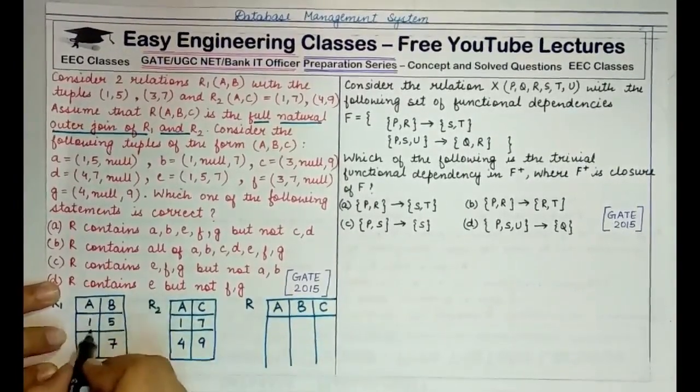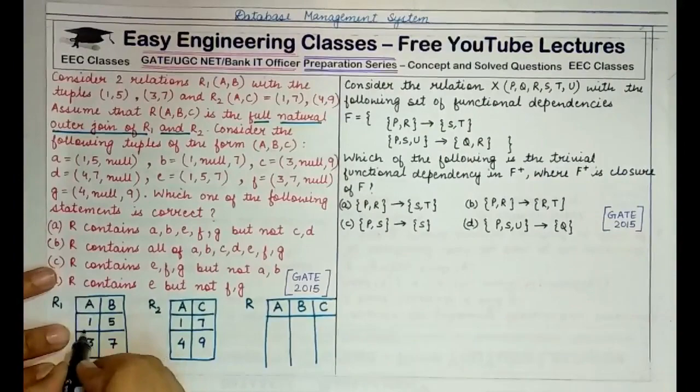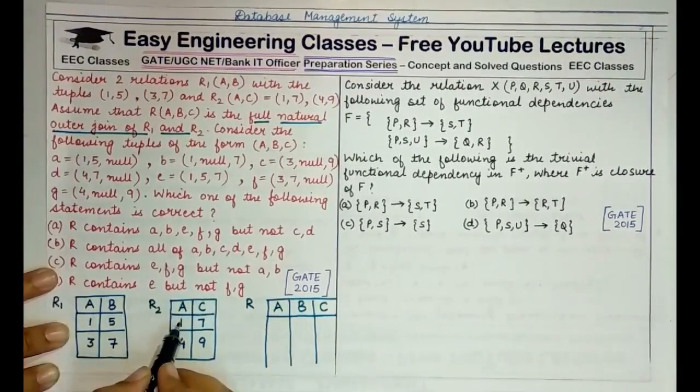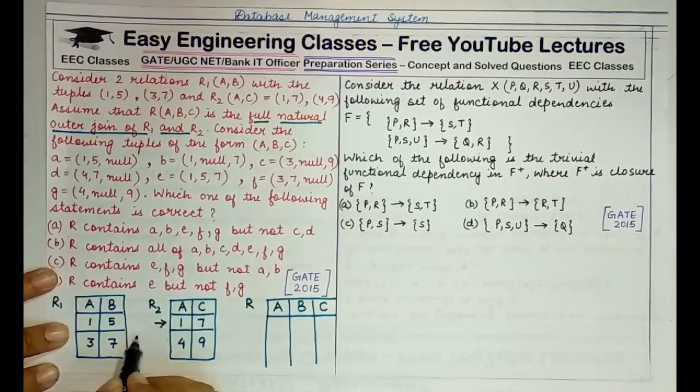So I start with R1. The first tuple is (1, 5). Since the value of the common column A here is 1, I look for 1 in the second relation R2. Here also the value of A is 1 in this particular row.